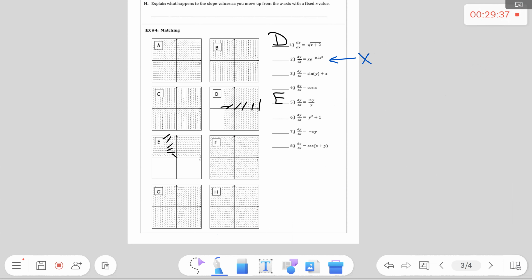So I'm going to label it X. This one is what? XY, so that one's got both. This one's X. What's 6 going to be? Just Y. 7 is X and Y. 8 is also X and Y.